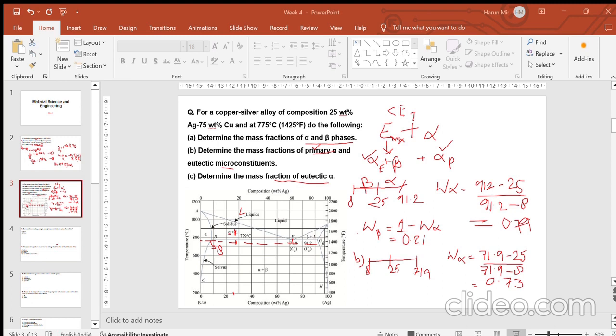So the solvus line just gives you that indication that if you are, for example, at 10% silver, the maximum solubility that you can have is around 8 percent of silver. So you should always be in a lower feed if you want a solubility of silver in your copper matrix.